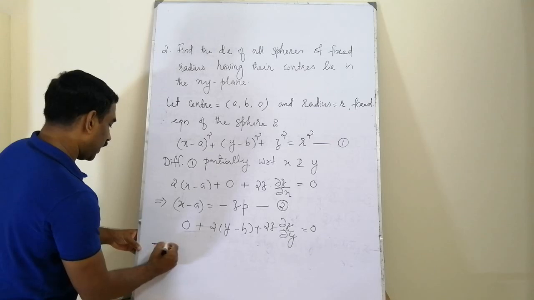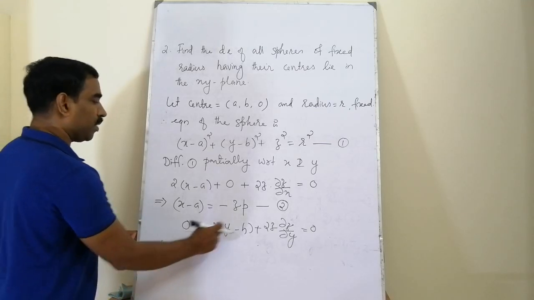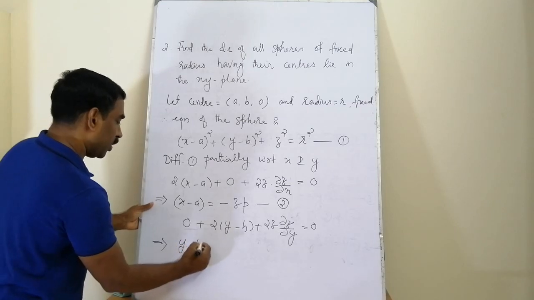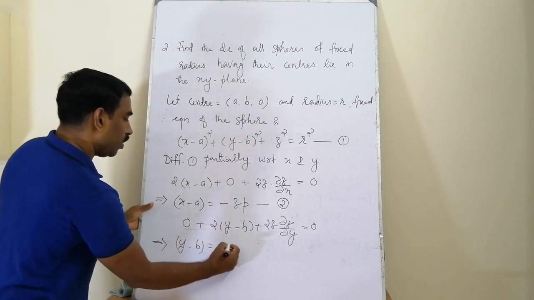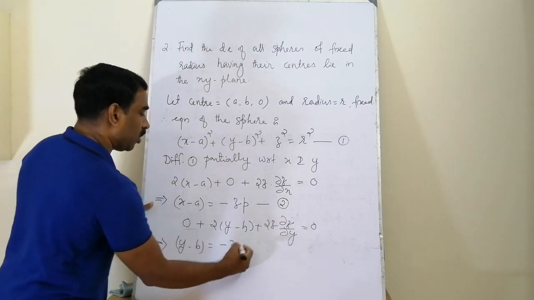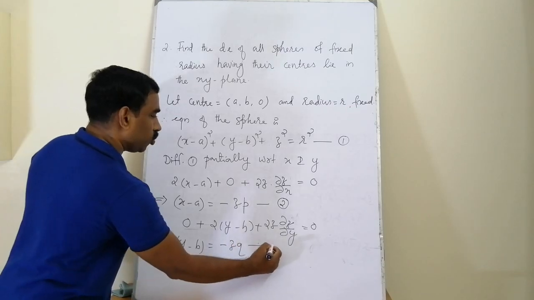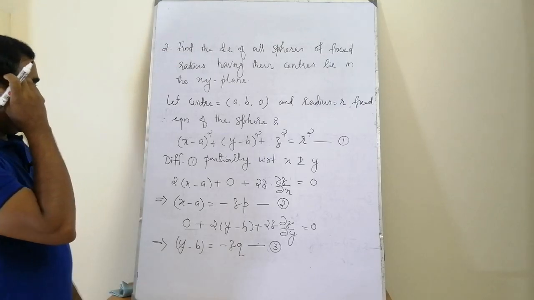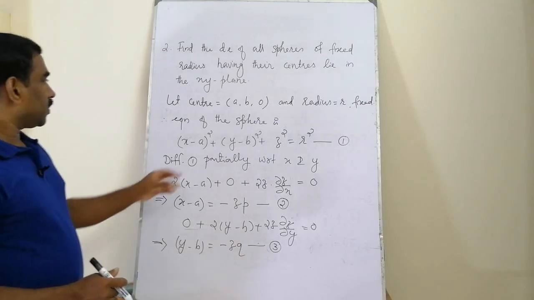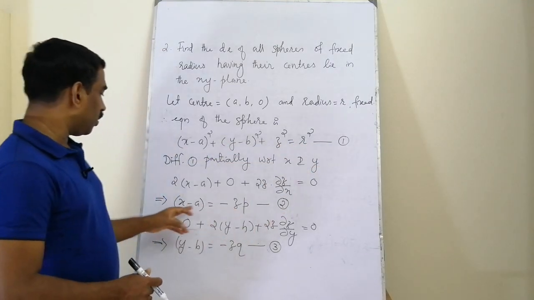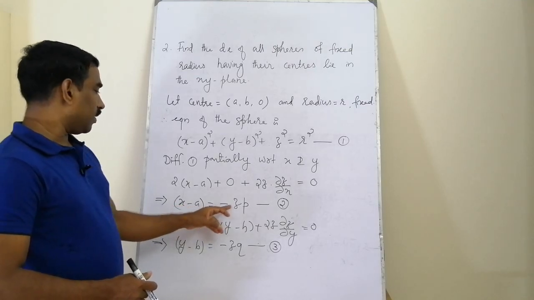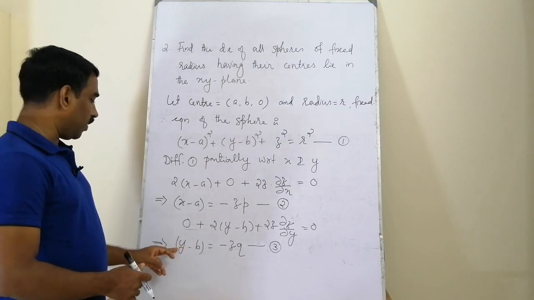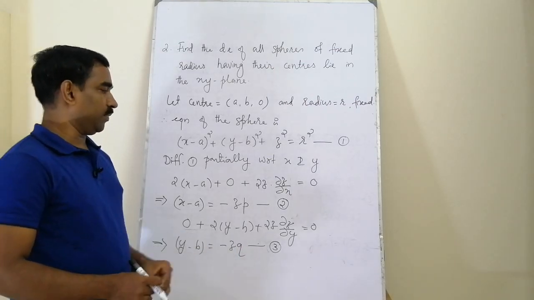As before, dividing by 2 and transposing this term to the right side, we have y − b = −zq, writing q for ∂z/∂y, equation number 3. Now we can do an elimination process. From equation 2, x − a is −zp, and from equation 3, y − b is −zq.